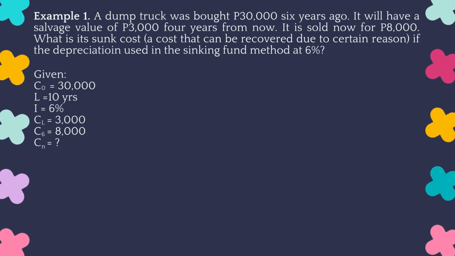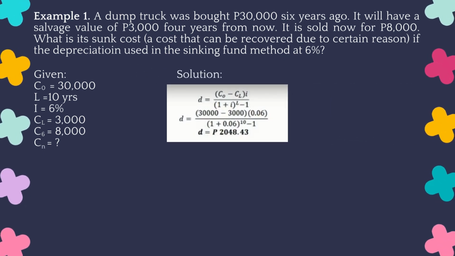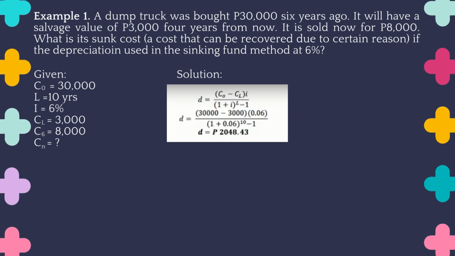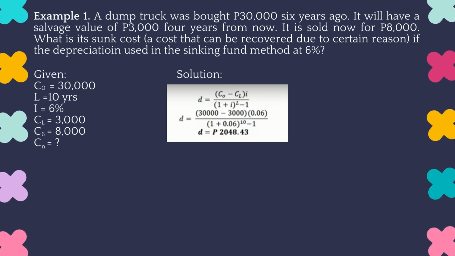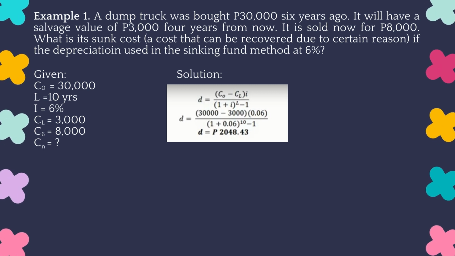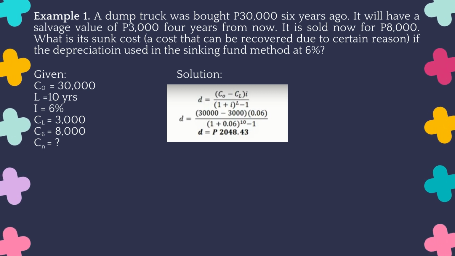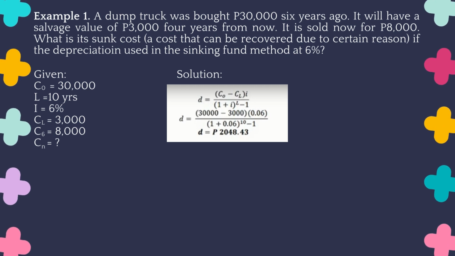So for the solution, first we're going to use the formula D equals C sub O minus C sub L times I over 1 plus I to the power of L minus 1.